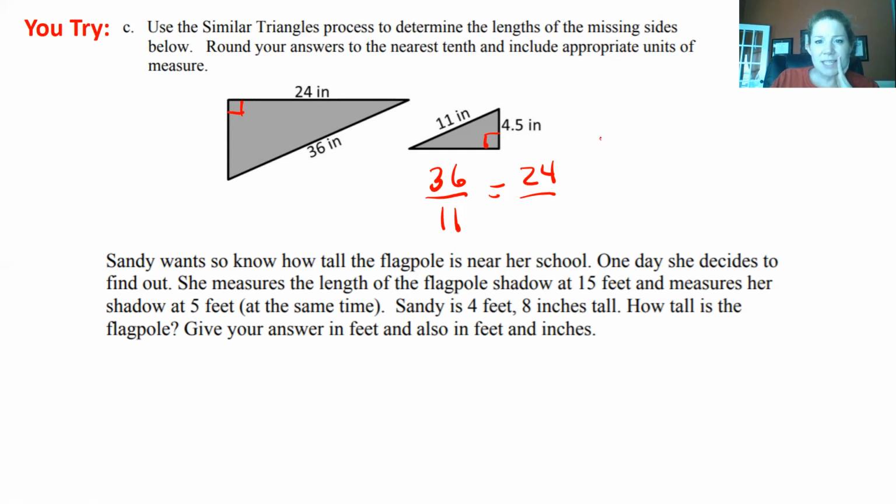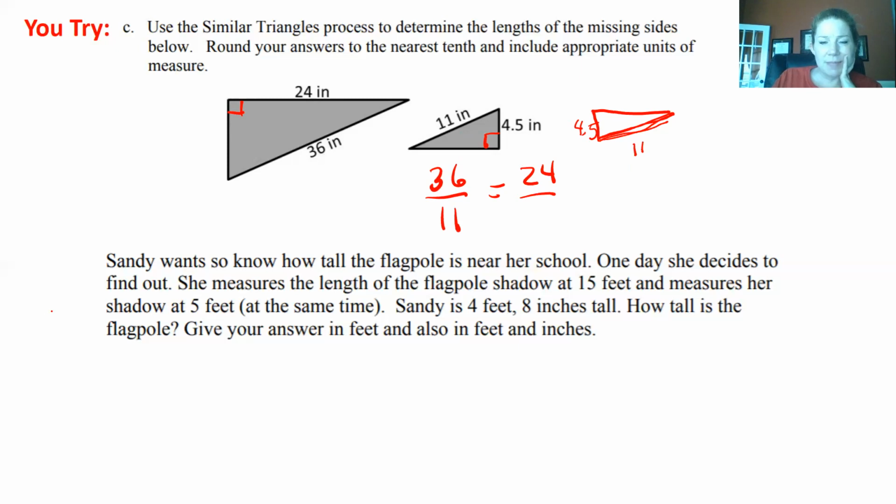So if I flip this thing back up the right way, here's 11 and 4.5. 4.5 is going to be right here. 36 goes with 11.